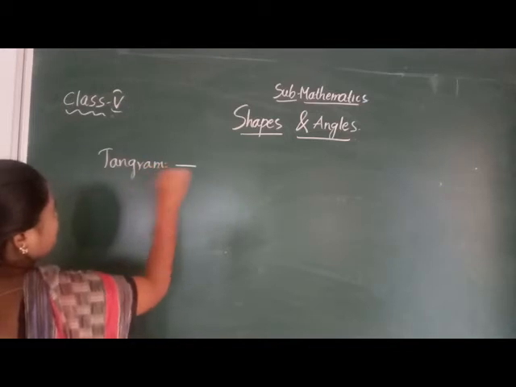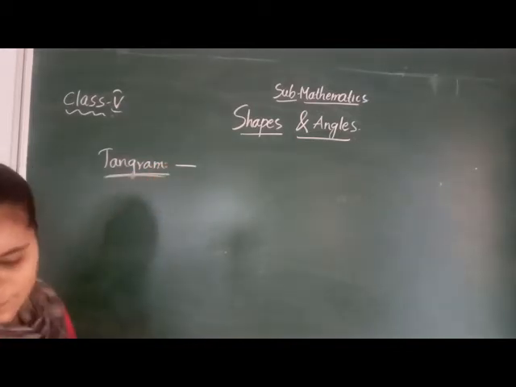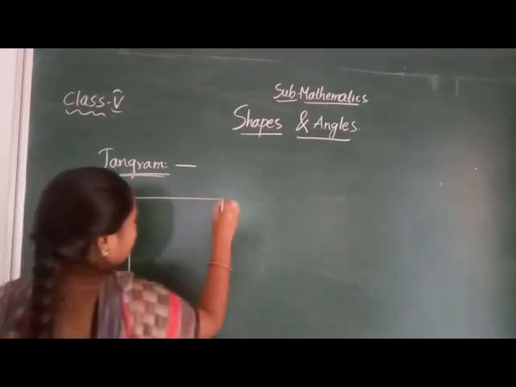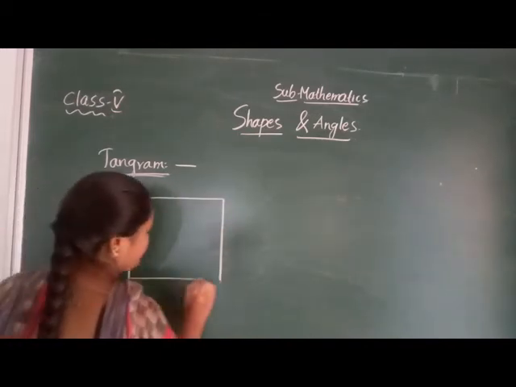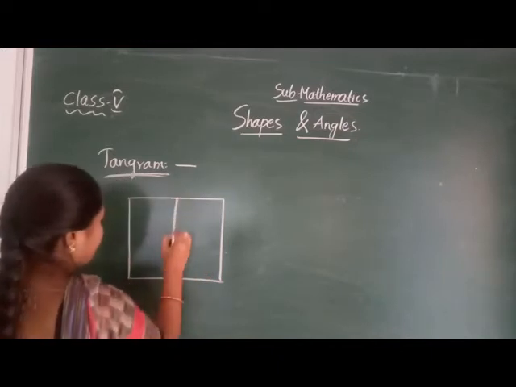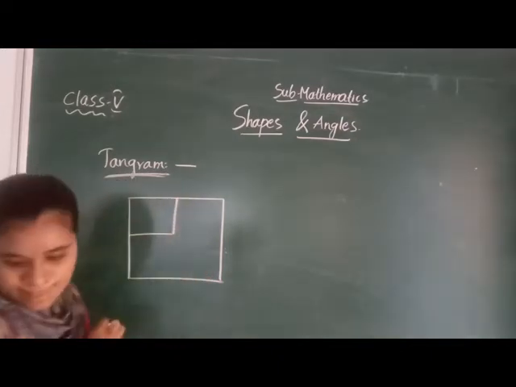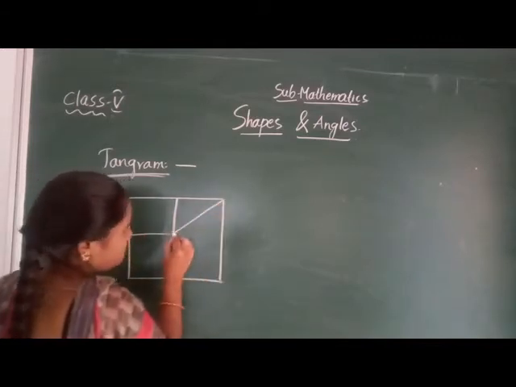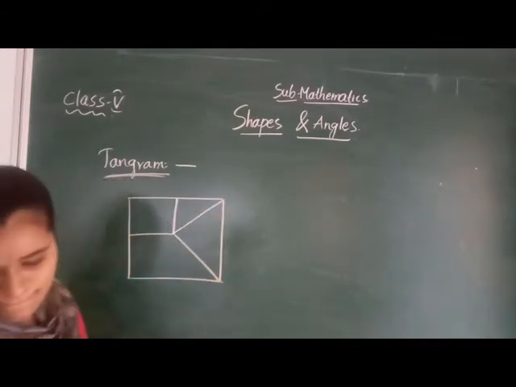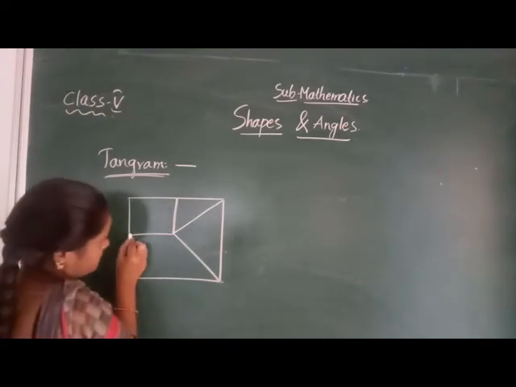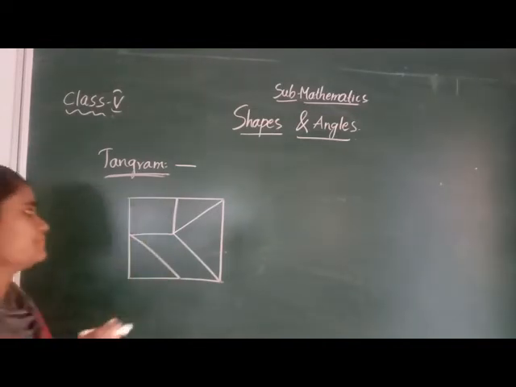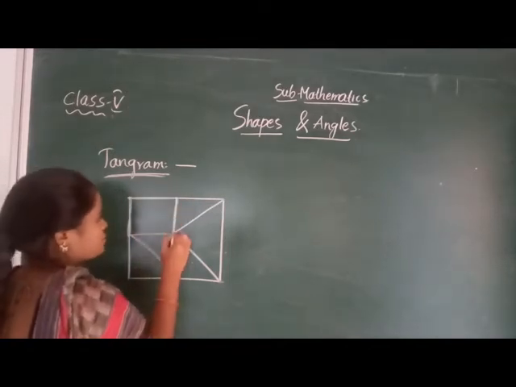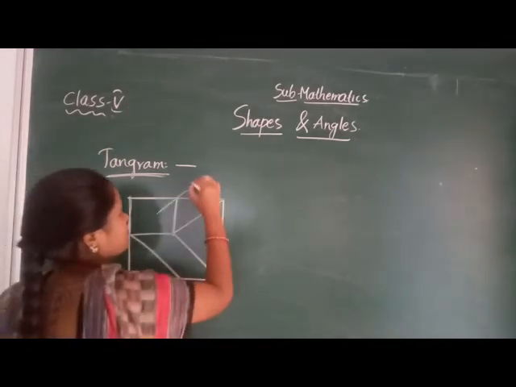Tangram. See, here the first one we will take, this one is one square. What is this? Square.